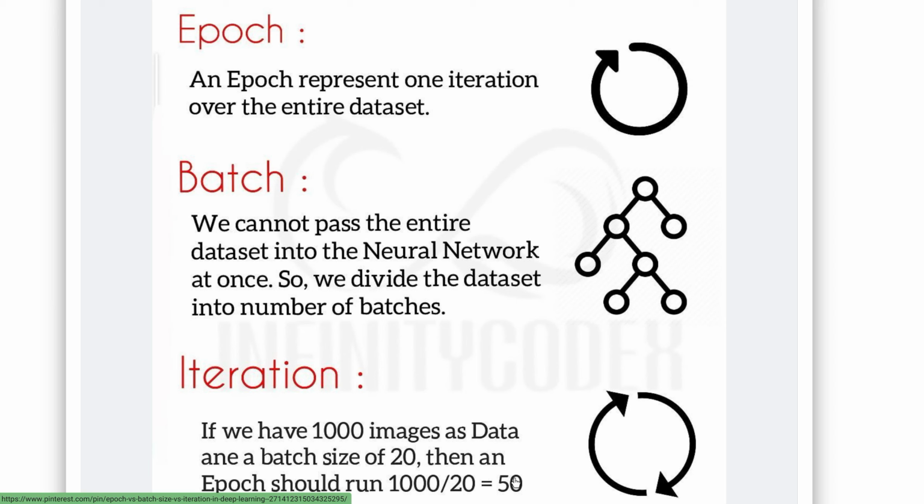For example, if a group of students goes on a tour, and we have 1,000 students, we will split them into 20 batches. In the 20 batches, we split 50 students each. Each batch of 50 students will see the tour activities and come back.